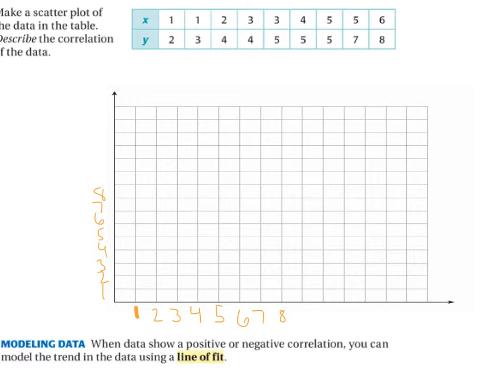So if I graph 1, 1. Oh, not 1, 1. See, that's where I misread.